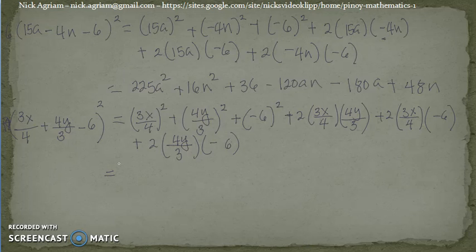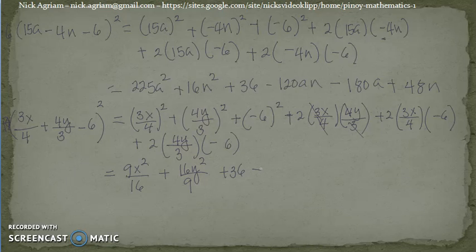We simplify. We have 9x squared divided by 16 plus 16y squared divided by 9. And then we have plus 36. And this one now, as we can see, 4 divided by 4 will be 1, and then 3 divided by 3 will be 1 also.